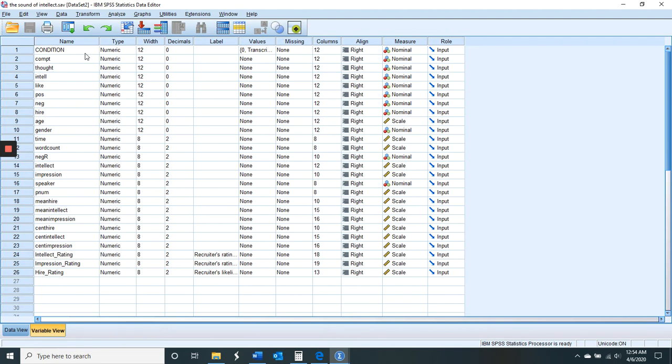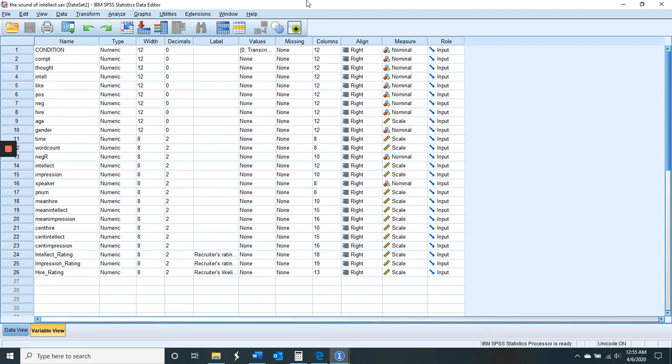In this study, they were curious about whether you make a better impression if somebody reads a transcript of you describing yourself, so in writing, versus an audio, without seeing somebody's face, just listening to an audio description of yourself. So they did those 2 conditions. Basically they had people who were actually in business and in charge of hiring people.